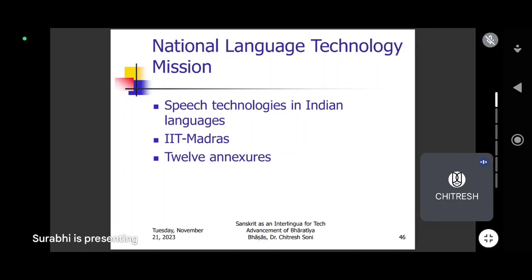It is done by various IITs, CDAC, Indian Institute of Science, and NITs. This work is done, but it is still silent upon using Sanskrit as an interlingua. IIT Madras is working on various speech-based technology; whatever interlingua is used, will be used. Next.